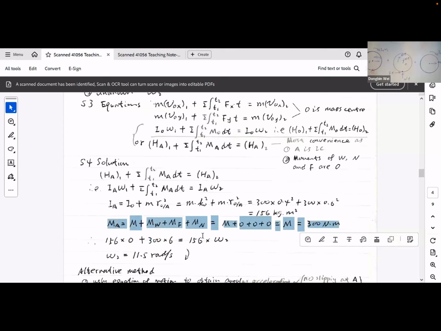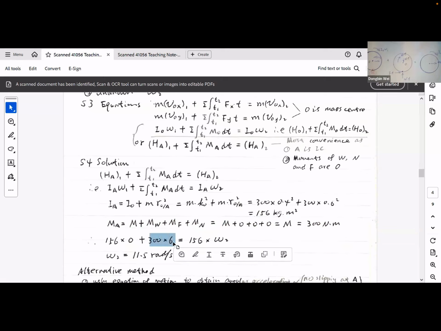As mentioned, for weight W, N and F, the moment arms are 0, so these three are 0. You only have the couple, a constant 300 Newton meter. Okay, 300 Newton meter times the time duration 6 seconds. This will give you the angular impulse.